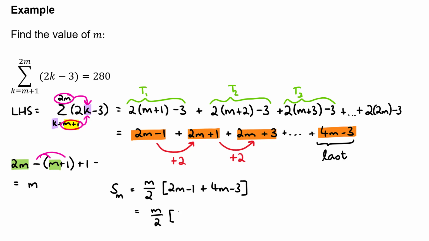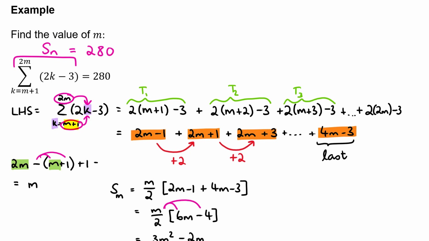And when we simplify the inside, it's going to be 6m minus 4. And when we distribute the m over 2 into the bracket, it's going to give us 3m squared minus 2m, like so.